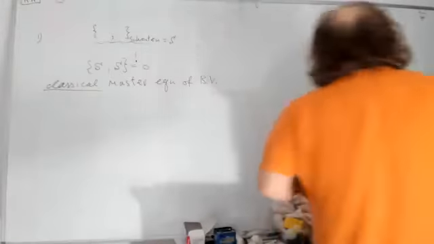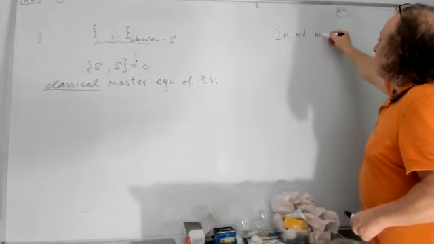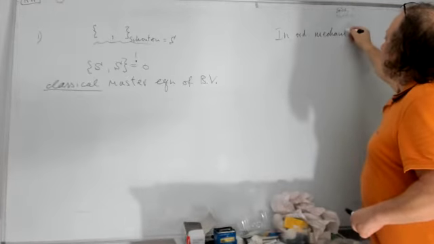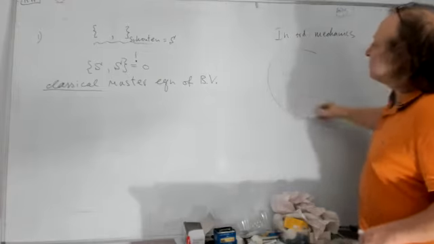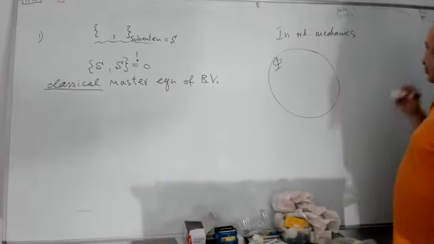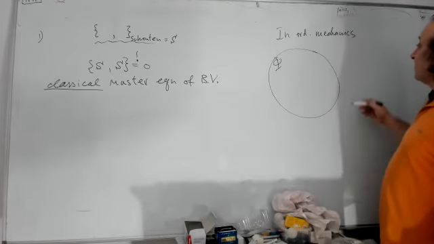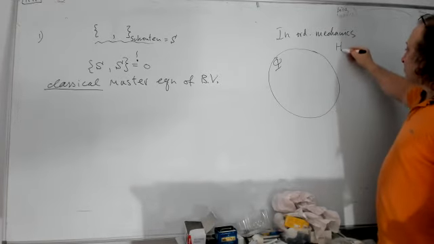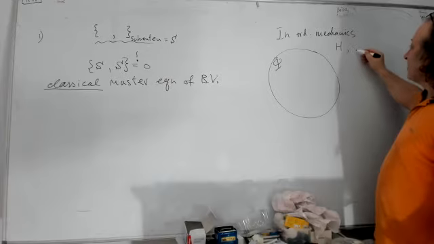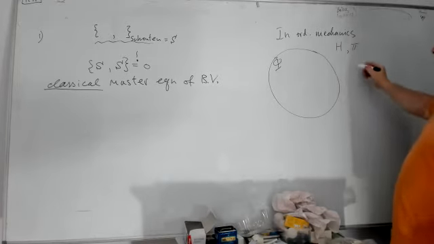So, in ordinary mechanics, we have a phase space phi. And if we have a Hamiltonian and Poisson structure, we have the bracket.